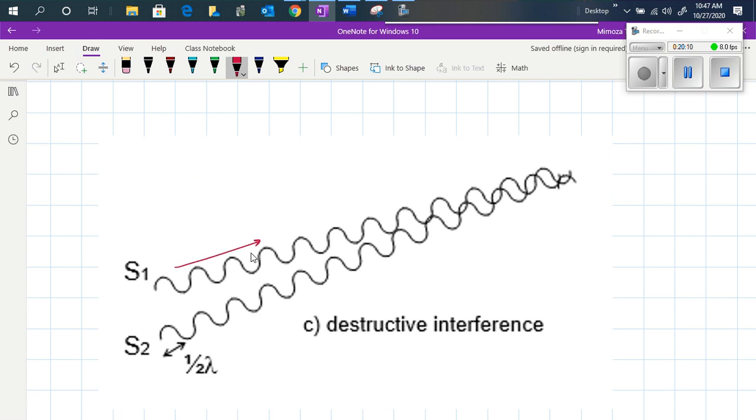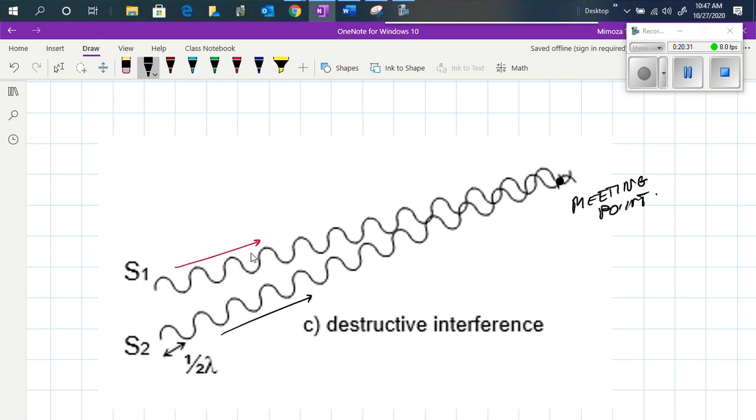But when they meet and they are not in phase with each other, like in this case here, wave 1 is moving in this direction, wave 2 is moving in this direction. Here is where they meet. This is the meeting point. They are meeting each other out of phase.